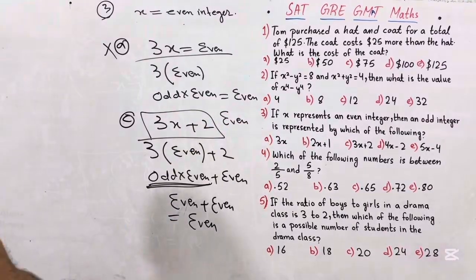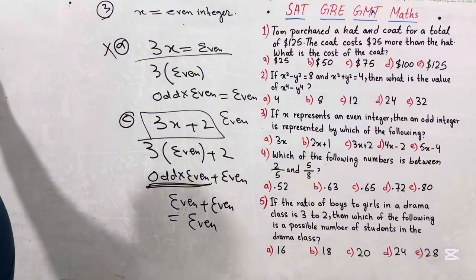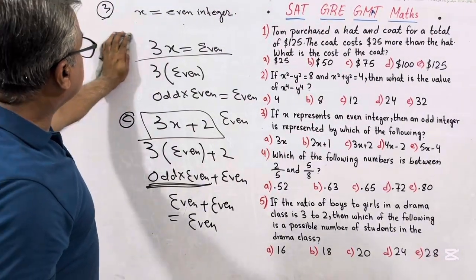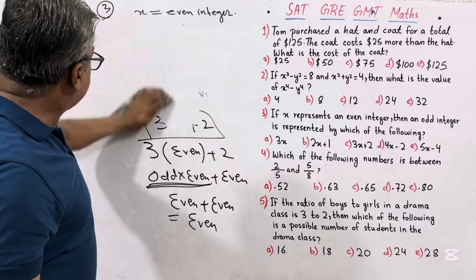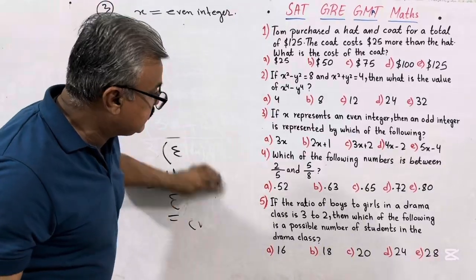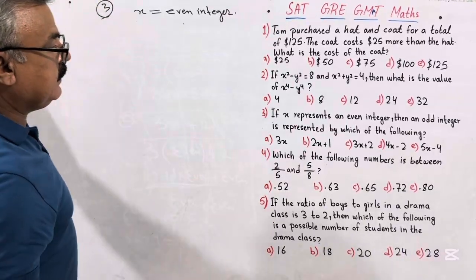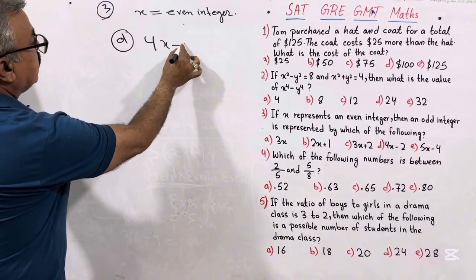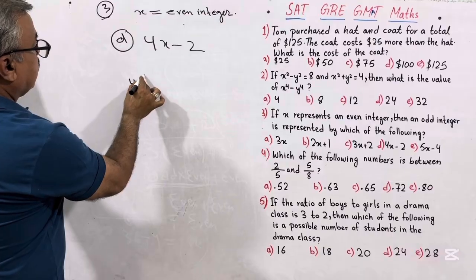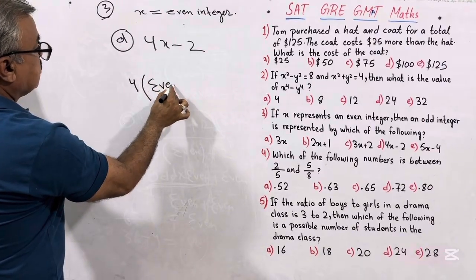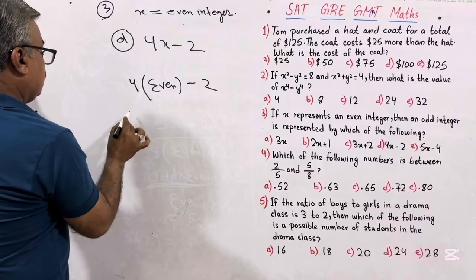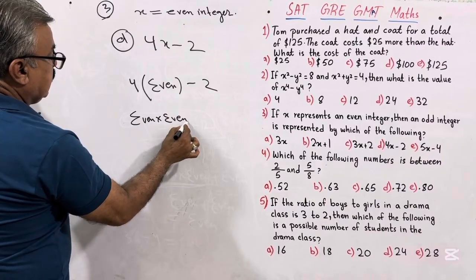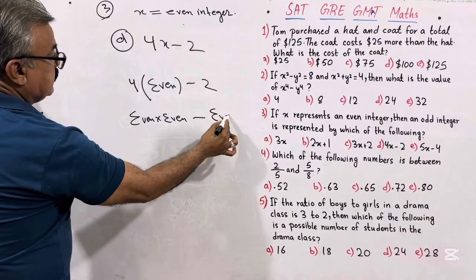Moving towards option D, 4x minus 2. Let's see what happens in that case. Our D is 4x minus 2, where x is even, it's given to us. 4 is even, times even, and 2 is also even.